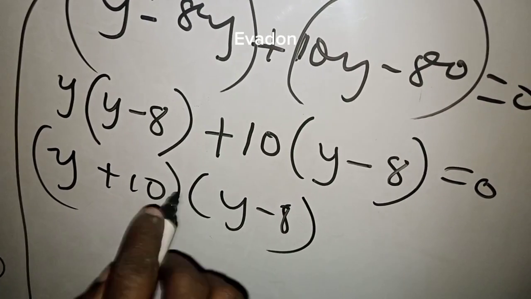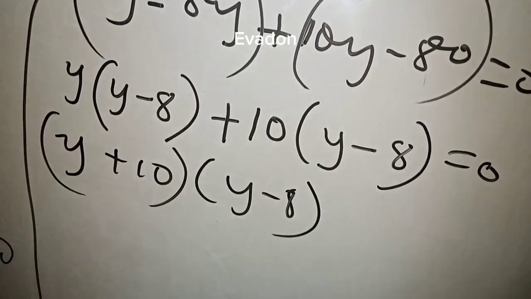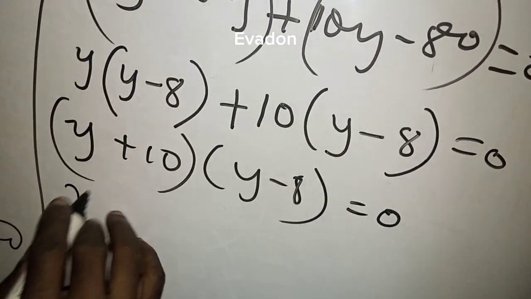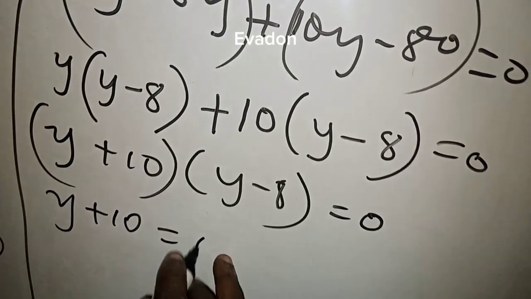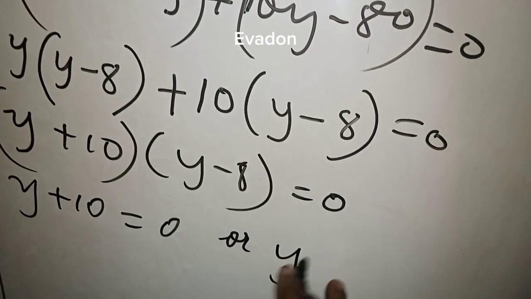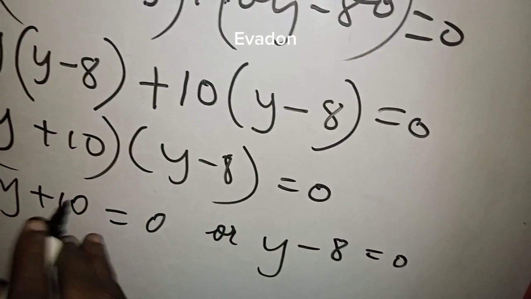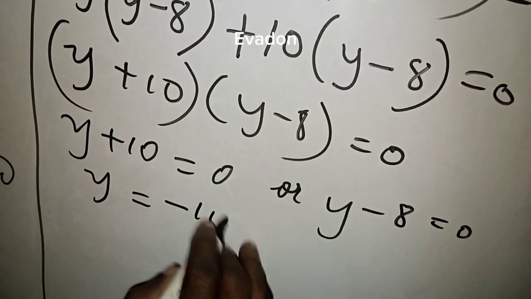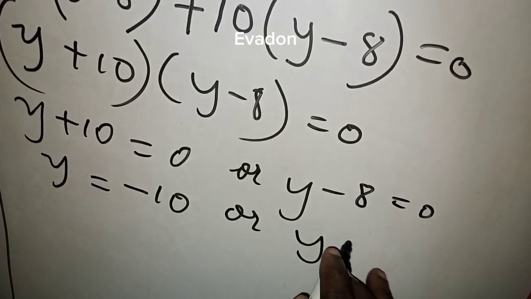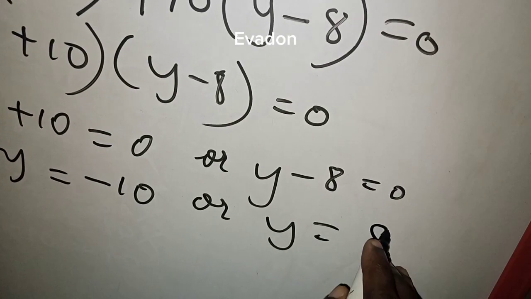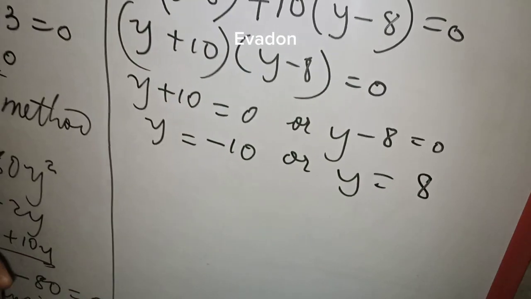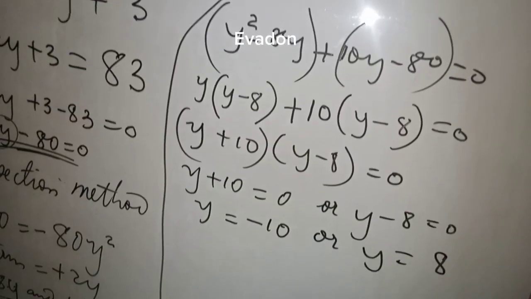As you can see, they are both the same. That confirms the correctness of our working. So we have y plus 10 equal to 0, or y minus 8 equal to 0. So y equal to minus 10, or y equal to plus 8.